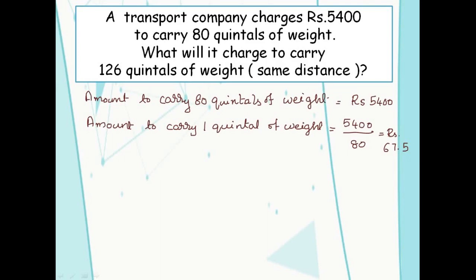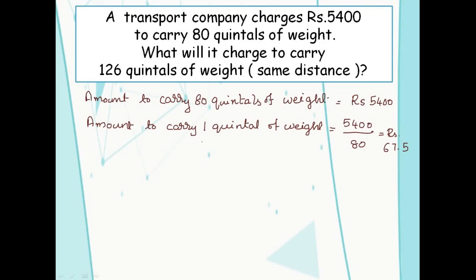We have learned in the previous class how to divide decimal numbers, or where the decimal comes when we divide some numbers. So here it is 67.5. Now what do we need to find? The amount to carry 126 quintals of weight.